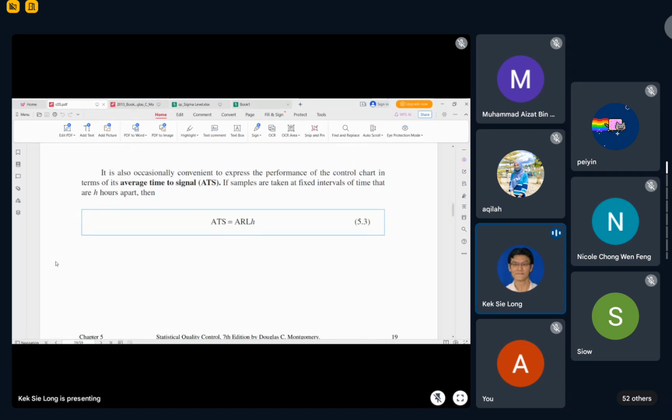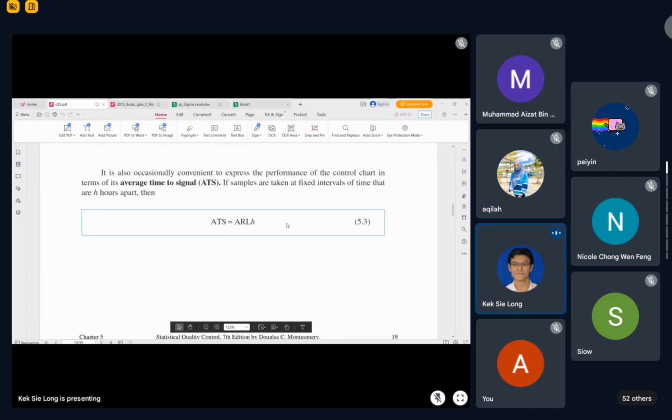For p equal to 0.0027, from 370 samples we will notice an out of control signal. But another question we might ask is, when might this out of control signal happen or be detected?